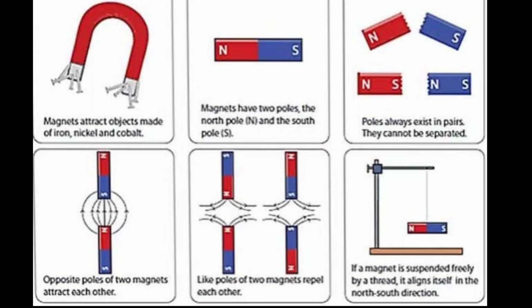And we already understood that like poles repel each other but unlike poles attract each other. Magnets also show the property of alignment. A magnet, when suspended freely, comes to rest such that its north pole always points toward geographical north and its south pole always points towards geographical south.